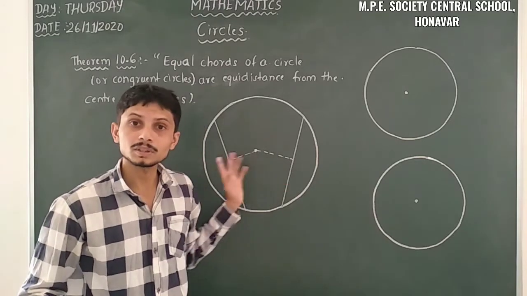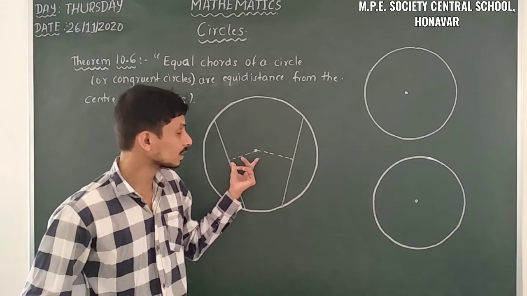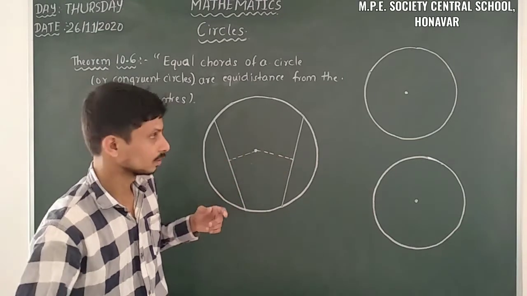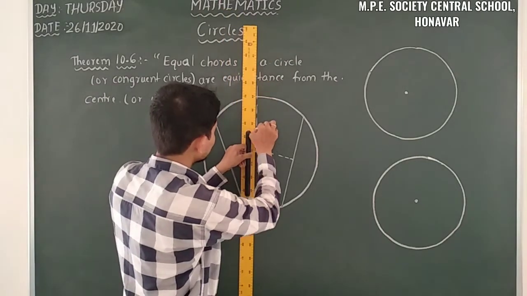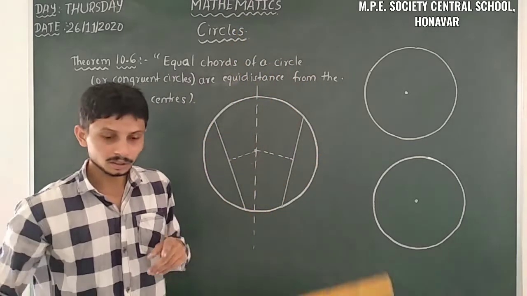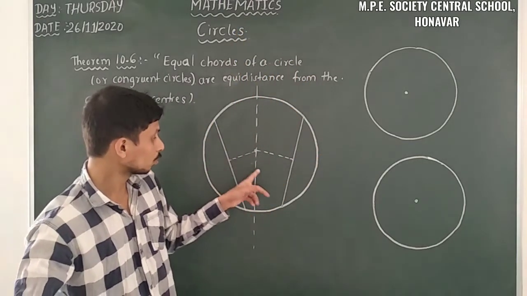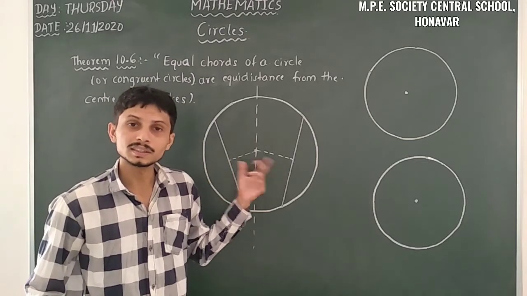Okay. So these two have the same length, that is, they are equidistant from the center. So when we take the bisection here, those two chords are equidistant from the center.